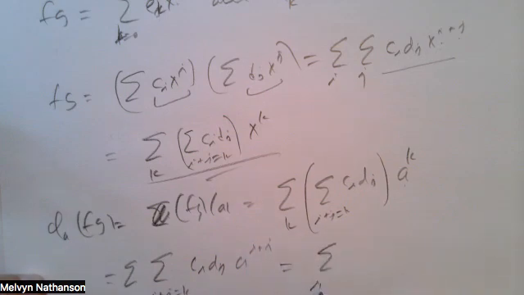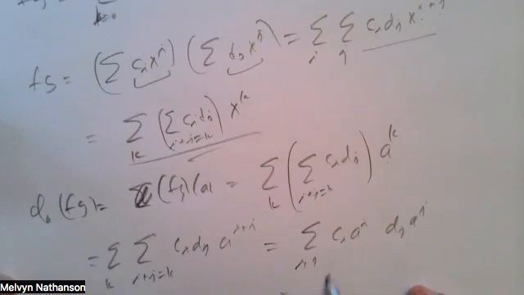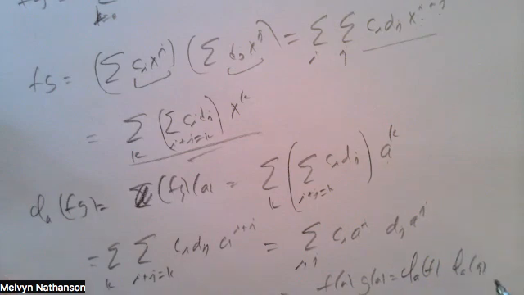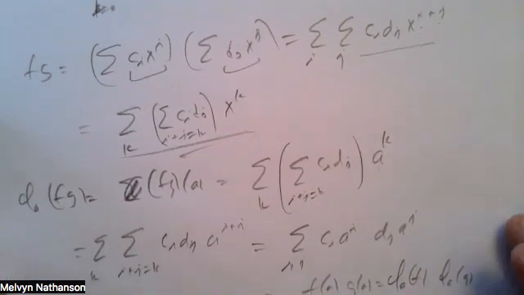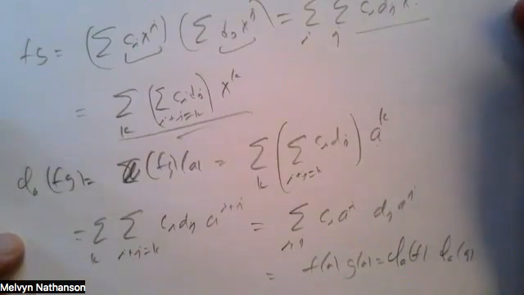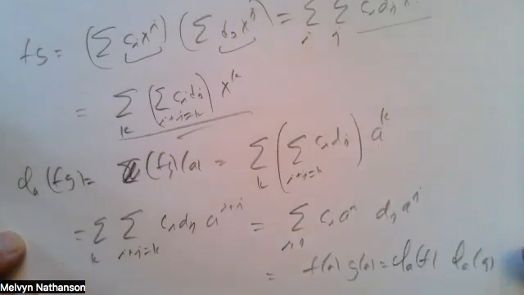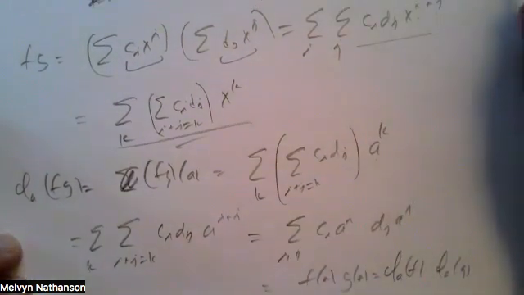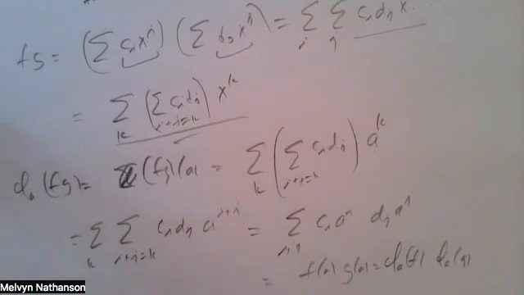That's just the sum over all i and j of c_i a to the i times d_j a to the j. That's f of a times g of a, which is phi sub a of f times phi sub a of g. So that is a bit of high school algebra, which is very important, and it tells us that evaluating a polynomial is a ring homomorphism.